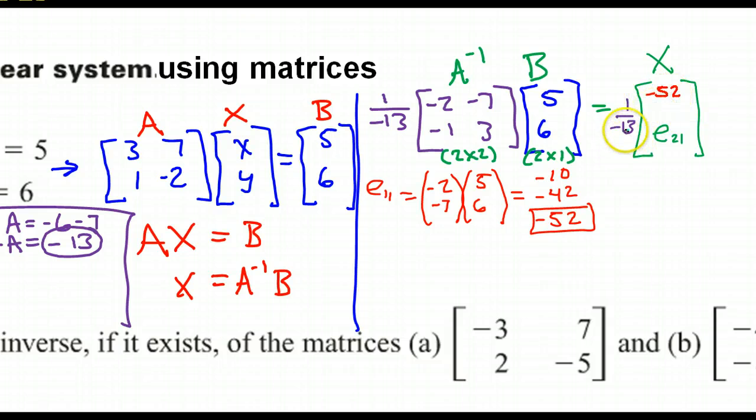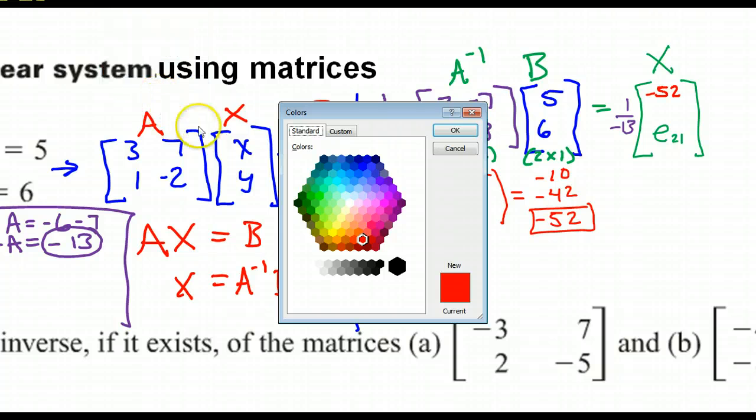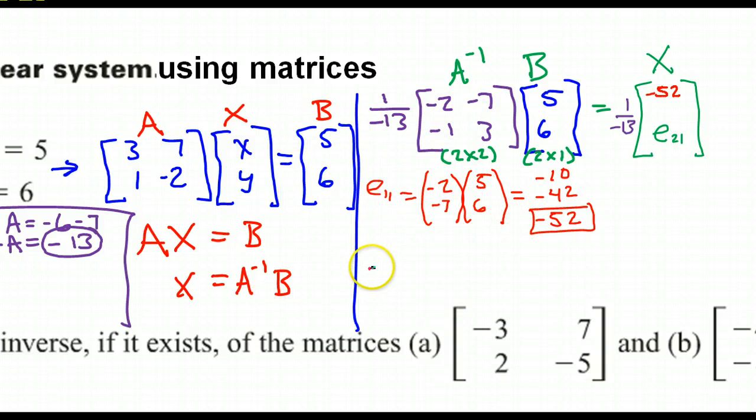That is not the answer. I will have to divide by negative 13 at the end. But let's find one more. I'm going to use a different color, like plum pink. Element 2,1 is row 2, column 1.